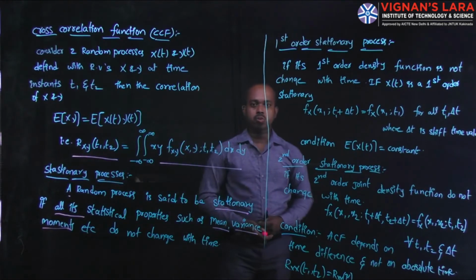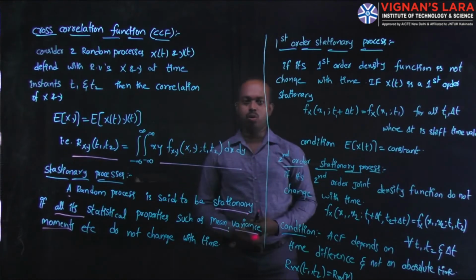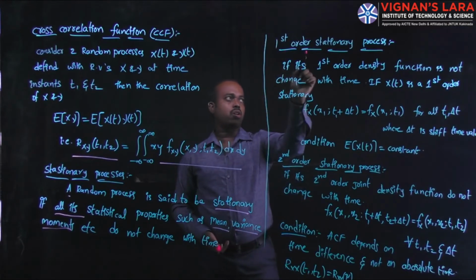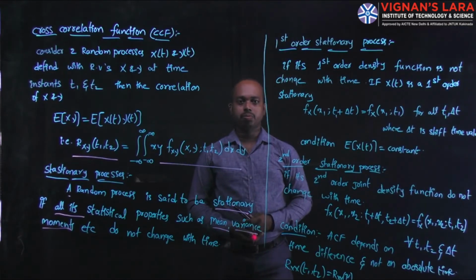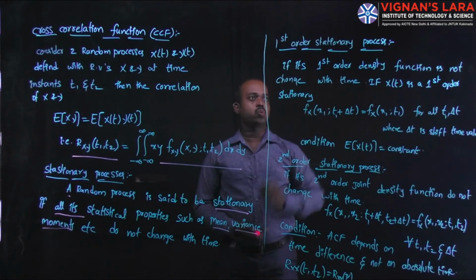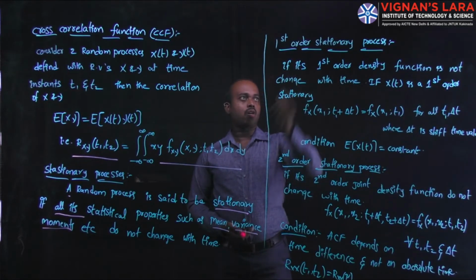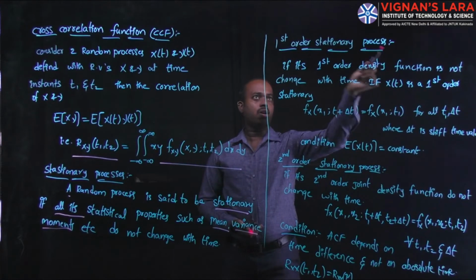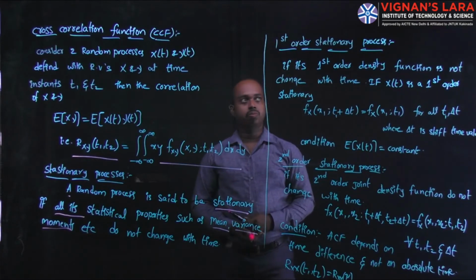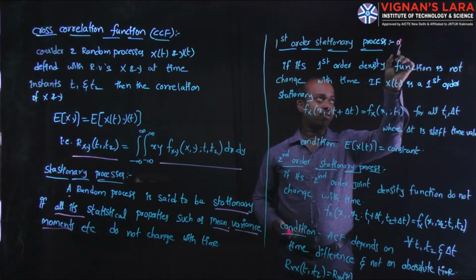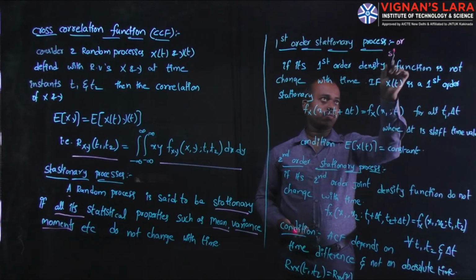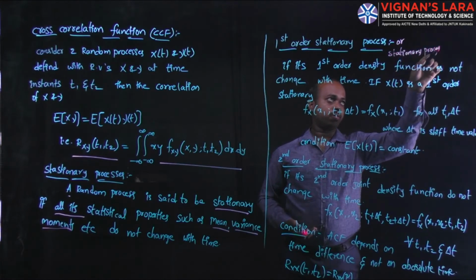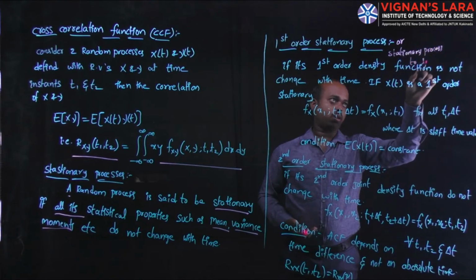In the stationary process, we have orders: first order and second order stationary random processes. The first one is the first order stationary process. In other words, we can call it a stationary process to first order.